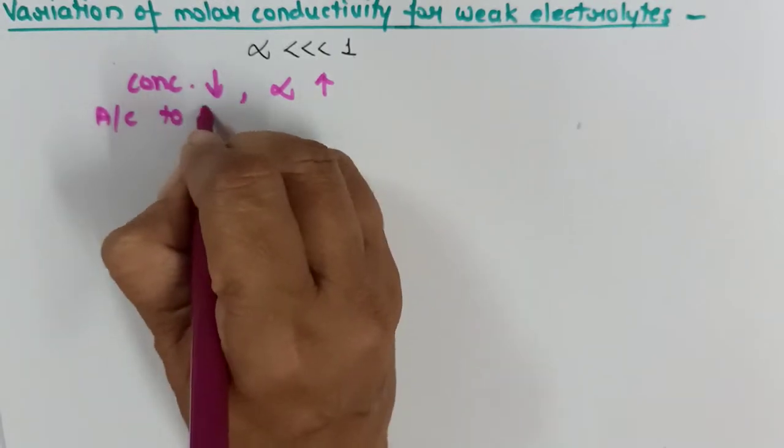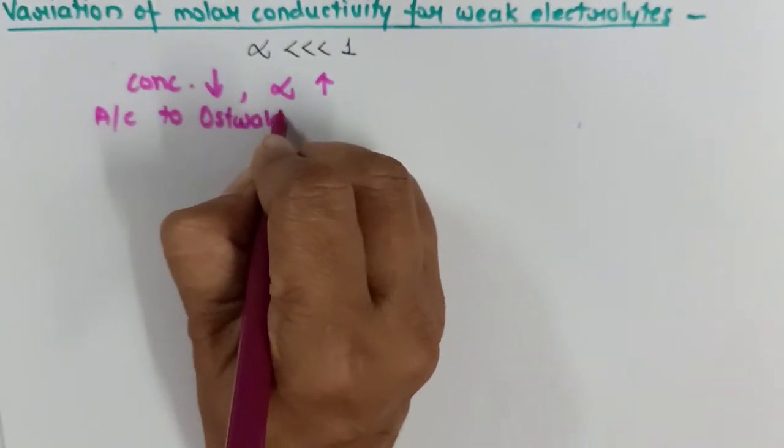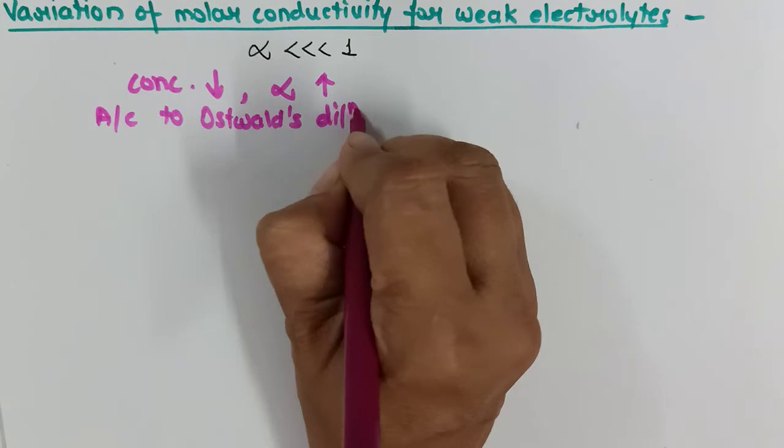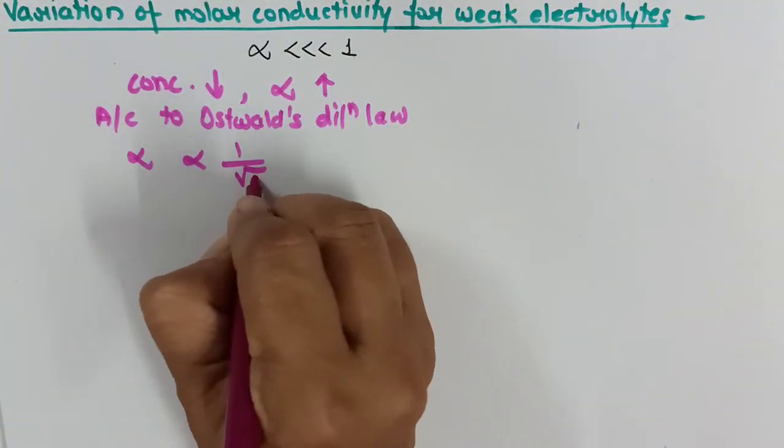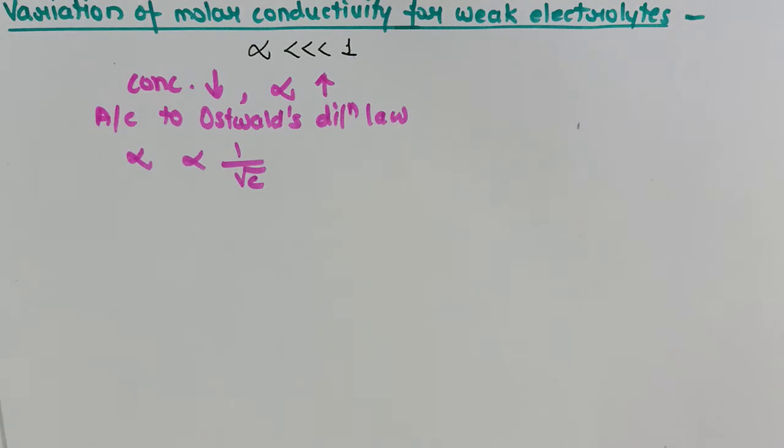So according to Ostwald's dilution law, alpha is inversely proportional to square root of C. So what happens?